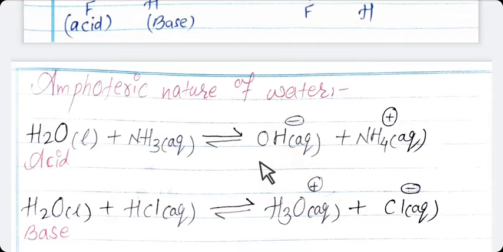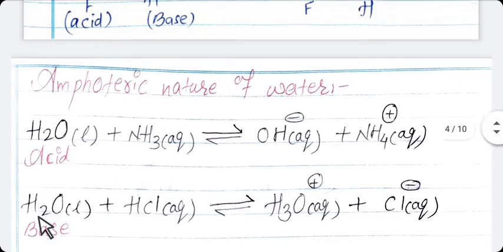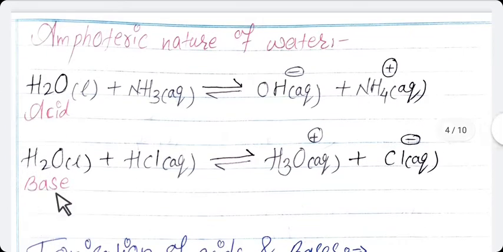Same here, water accepts a proton. So according to Bronsted theory, the substance that accepts a proton from another substance is called a base. So here water acts as a base because water accepts a proton from HCl.